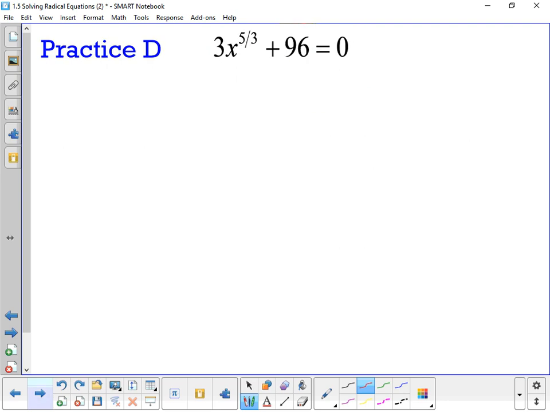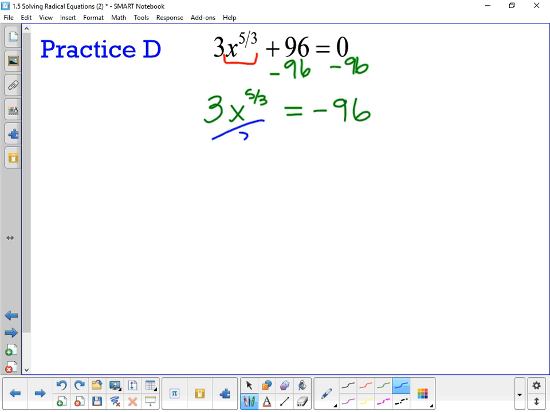Let's try another one of these. This one's pretty similar. We have 3 times x to the 5/3 power plus 96 is equal to 0. So we're going to work towards getting this x with its power by itself, and then we'll undo that power. So maybe start by subtracting 96. So we have 3x to the 5/3 is equal to negative 96.